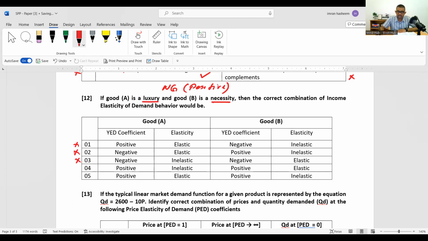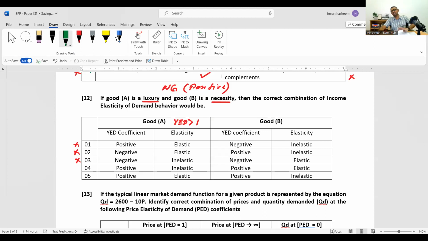Then luxury means YED greater than 1. Luxury YED should be greater than 1. I should have written it here. All of you know this, right?